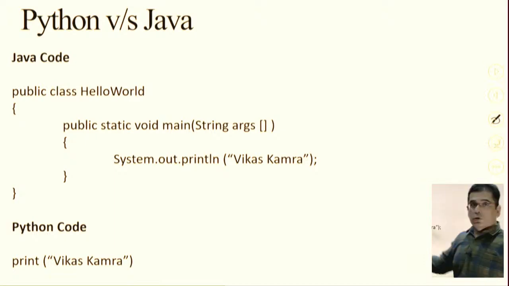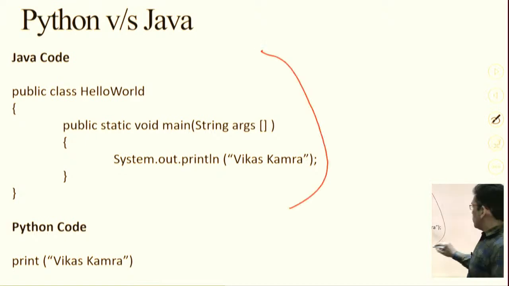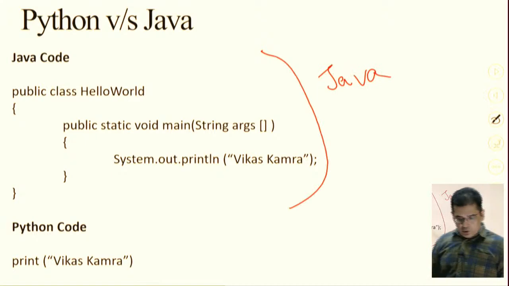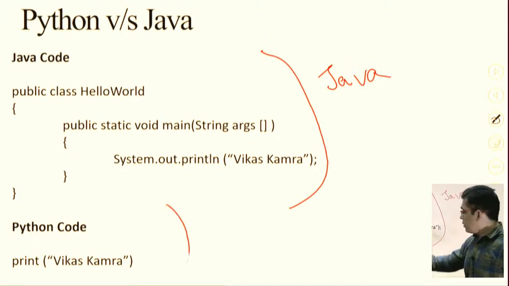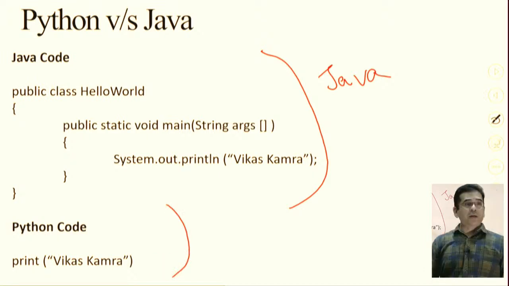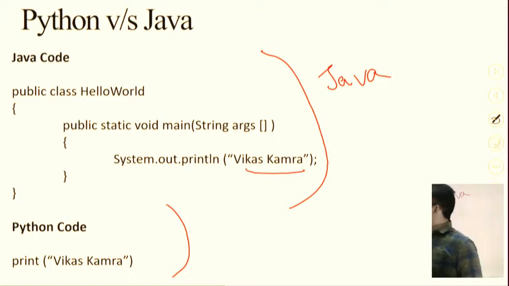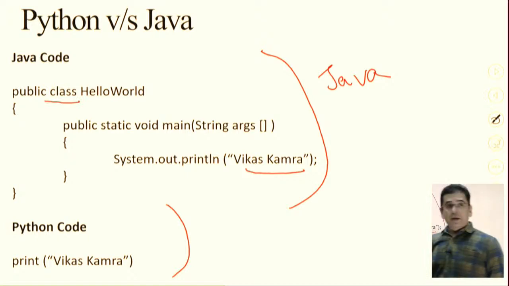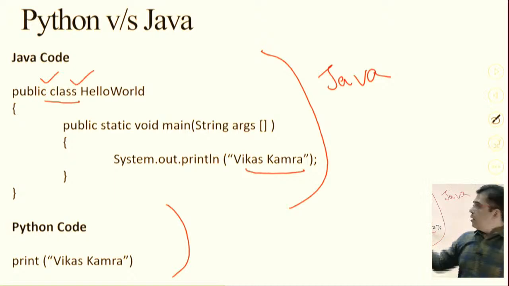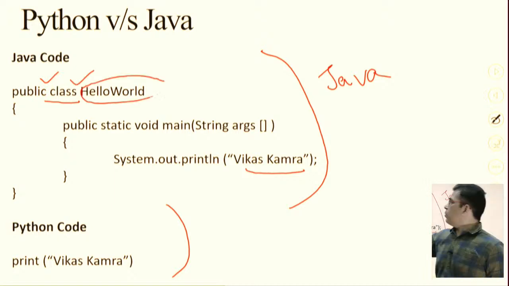So this is a code snippet given for Java and a code snippet given for Python. In Java, if I just want to print my name, I have to follow a fixed, defined syntax. I need to declare a class: the first keyword should be public, then the keyword class, and after that the name of the class.